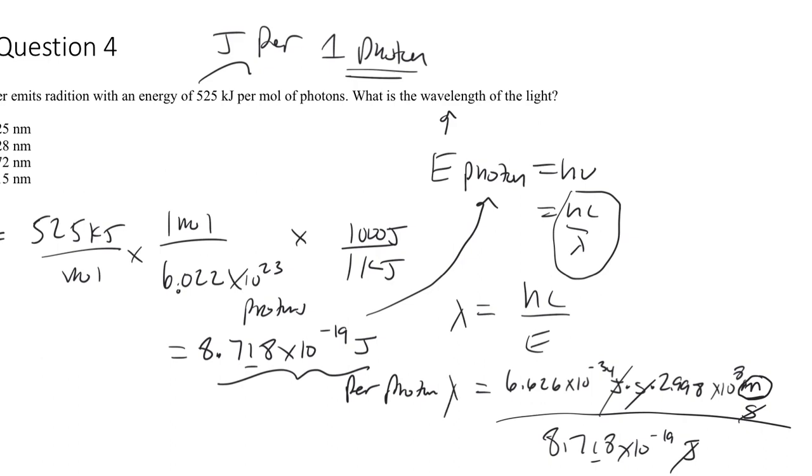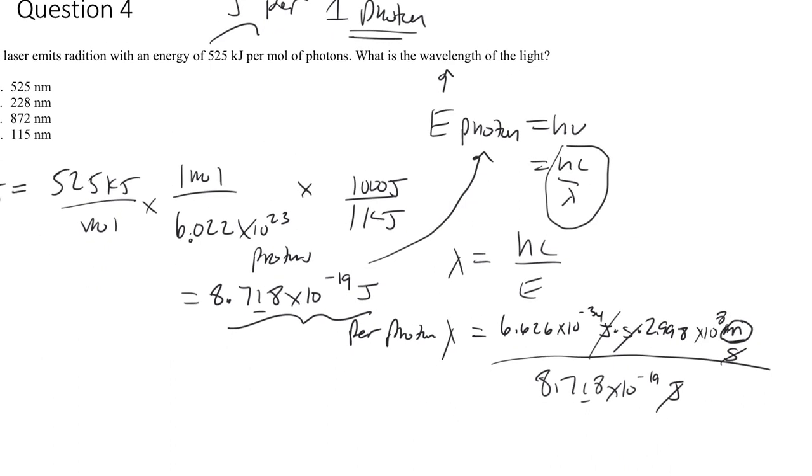And so our wavelength will equal, let's see what it comes out to. So 6.626 times 10 to the minus 34 times 2.998 times 10 to the 8. Divide by that energy, I get 2.278, call it 2.28 times 10 to the minus 7 meters.